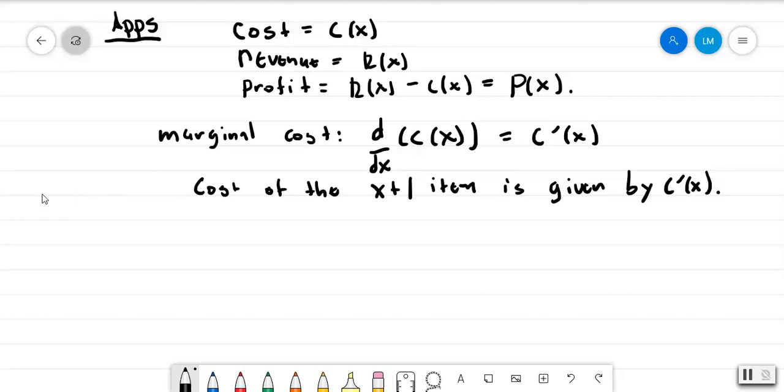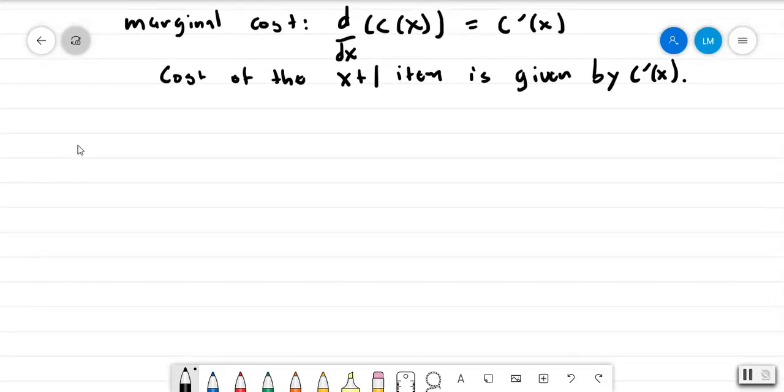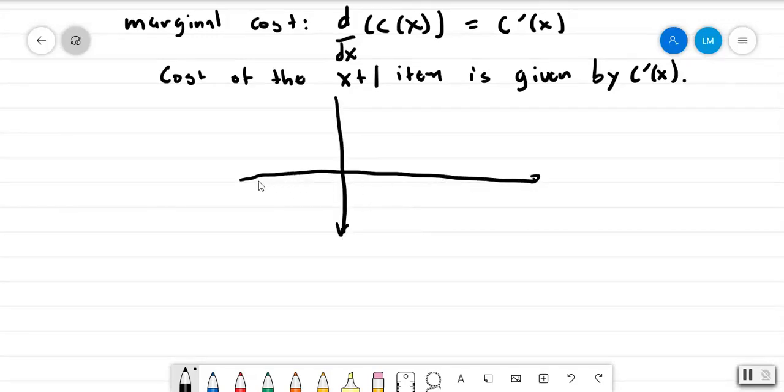Now, there is a way to figure that out if you were to graph it in the x and y plane. So essentially there's a function, maybe it looks like that. Let's say that that's x, and this is x plus 1.